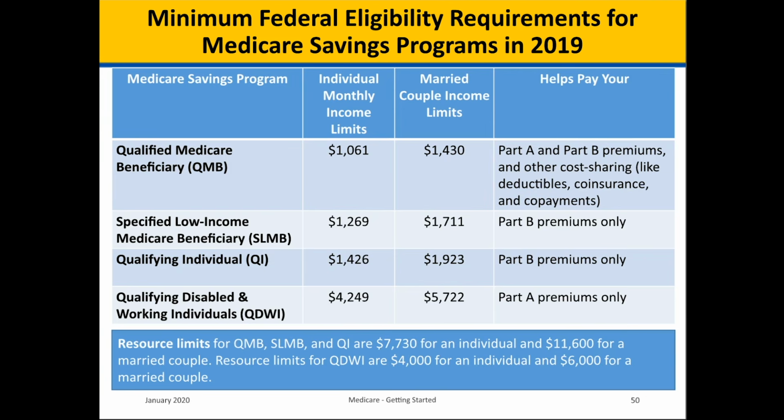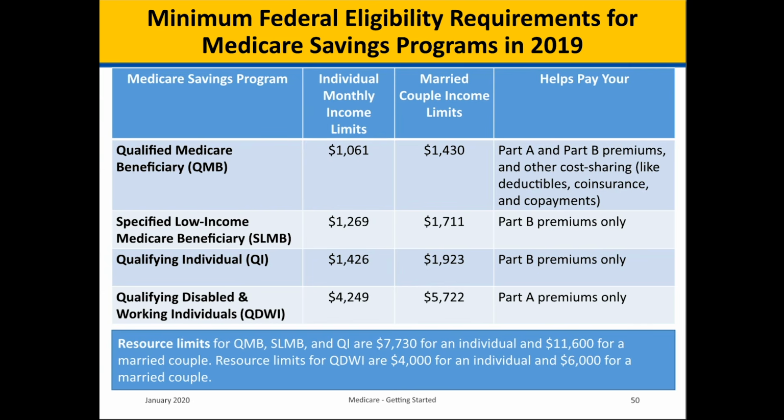what the eligibility requirements are for the Medicare Savings Program in 2019. I don't think the 2020 eligibility income guidelines are out yet. But if you're looking at this chart, for instance, the Qualified Medicare Beneficiary monthly income is $1,061 for a single person or $1,430 for a couple.